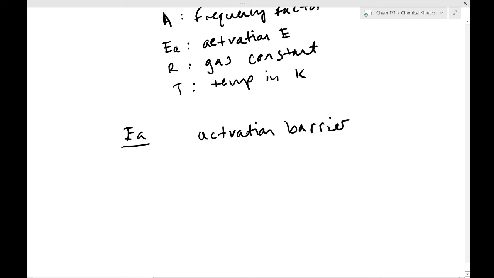And the activation energy or the activation barrier is simply the amount of energy that you have to put into a system in order for it to change from a reactant to a product. Okay, so let's look at this on an energy graph. So this is energy here. And if I start out with the energy of the reactants, and I have the energy of the products down here.